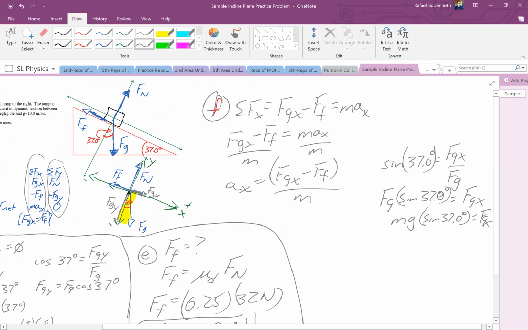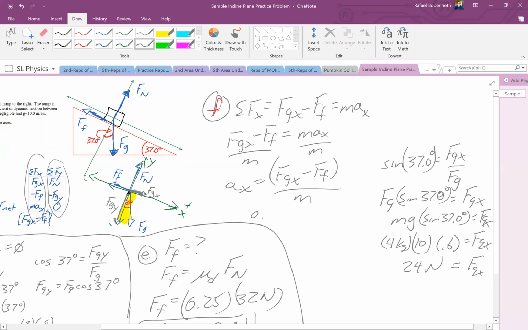Let me just substitute in the values here. 4 kilograms, 10 meters per second squared, sine of 37 is 0.6, I believe. Yes, 0.6. So what do I get? I get that the x component is 24 newtons.